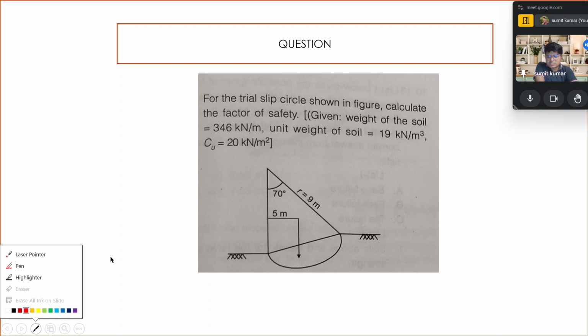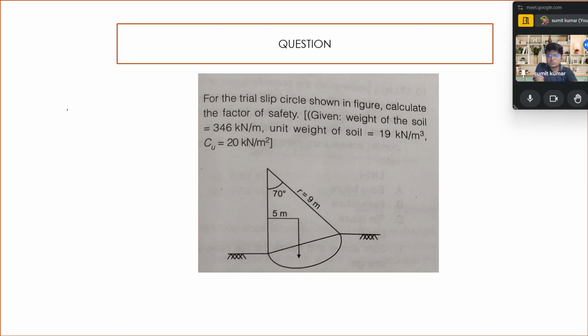So over here the question says that for a trial slip circle shown in the figure, calculate the factor of safety given the weight of the soil as 346 kilonewton per meter and unit weight of soil is 19. C is 20 kilonewton.